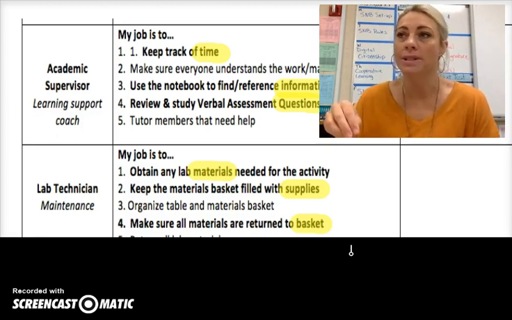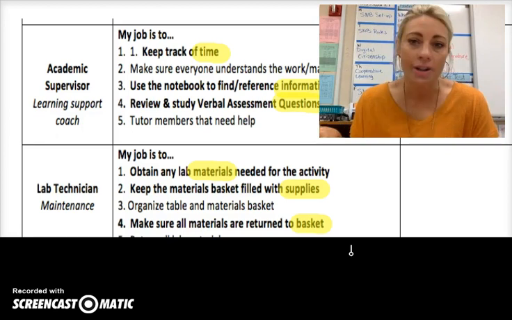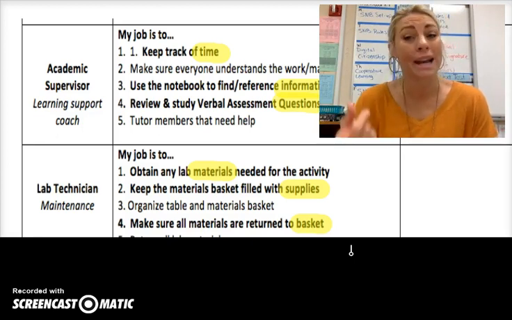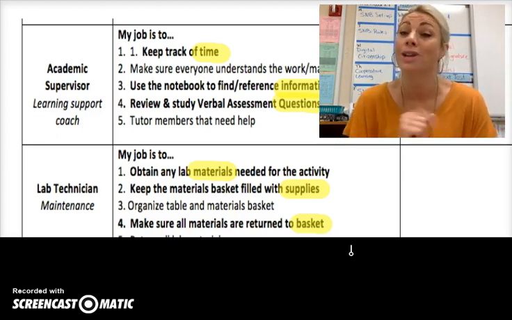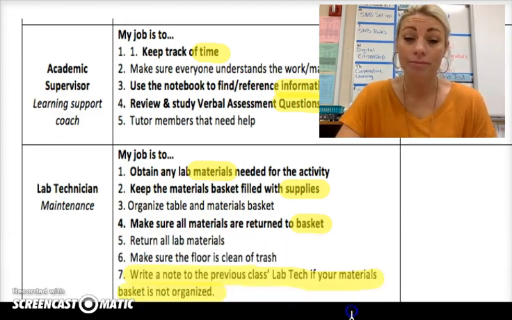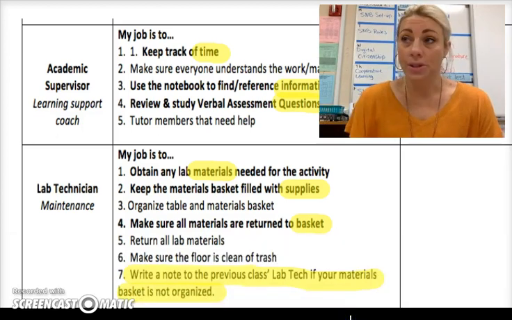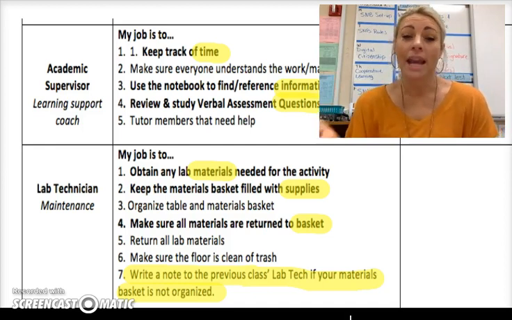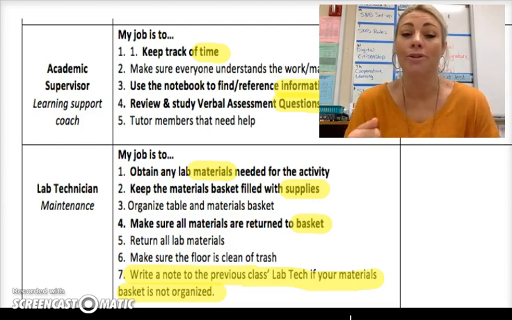Because if I come to a table and I find that highlighters are missing, glue sticks are missing, glue bottles have been left open, I'm going to come and talk to you, lab tech, because you are not doing your job. Now, lab tech, if you ever come into the classroom and you realize the previous lab tech didn't do their job, it's your job to write a note to the previous class's lab tech if your materials bag is not organized when you first come into class.